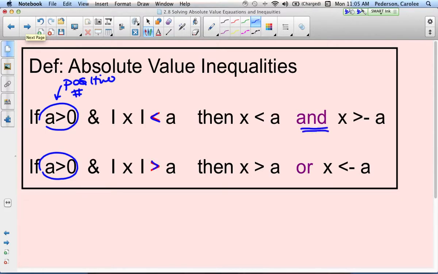If your x is greater than A, then you'd have a disjunction. And the way I remember this is we keep the first inequality, and then we change the second inequality and the sign. So I say keep, change, change.